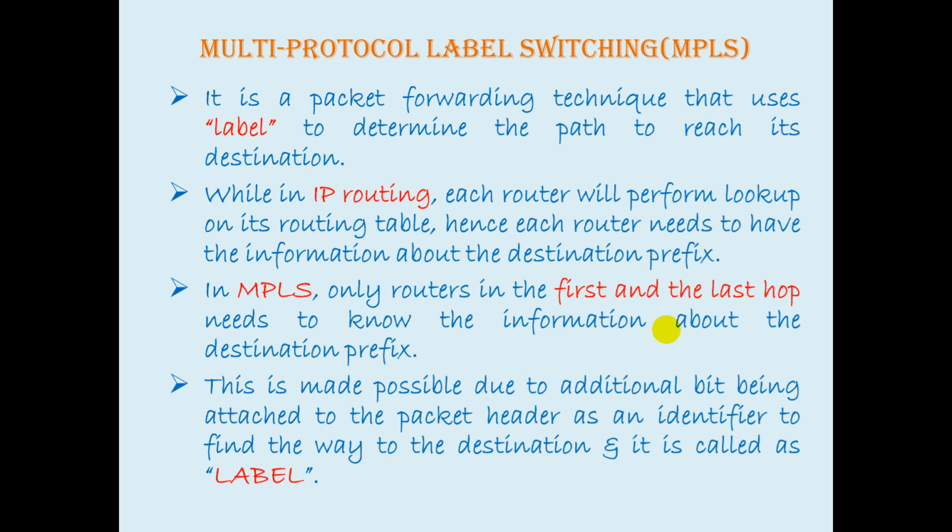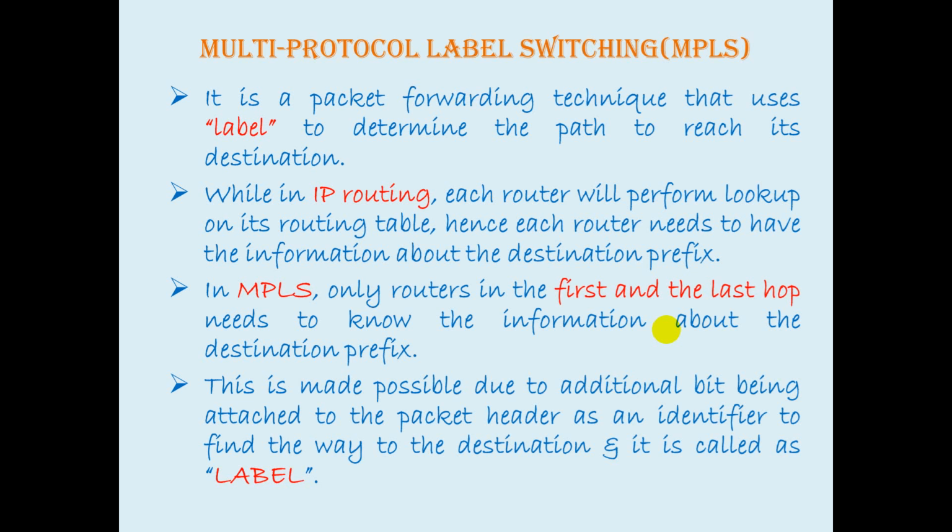Only the routers which are the first and the last hop of the MPLS enabled network know the information about the destination prefix. So none of the other MPLS routers in the MPLS enabled network have any knowledge of the destination.